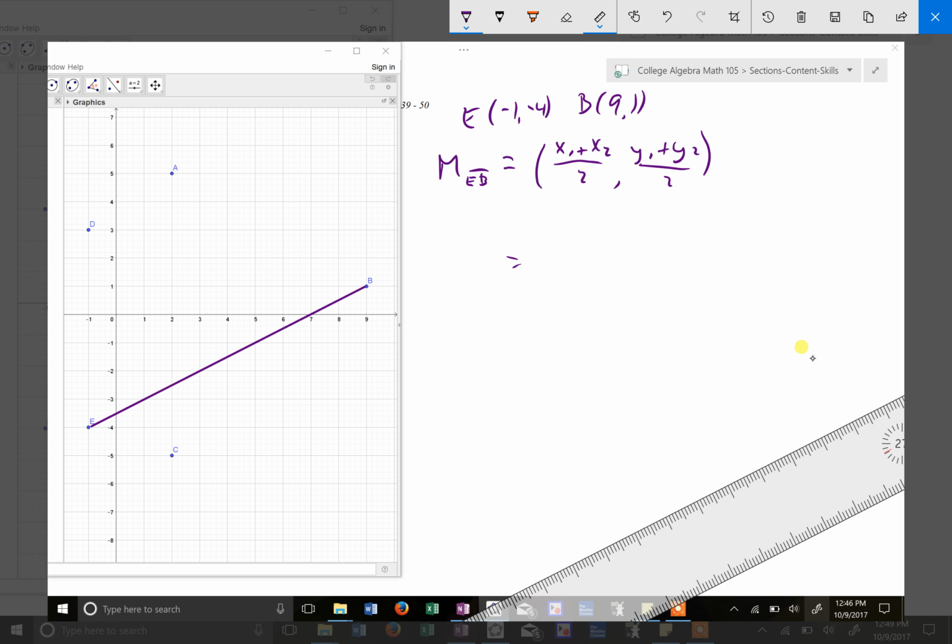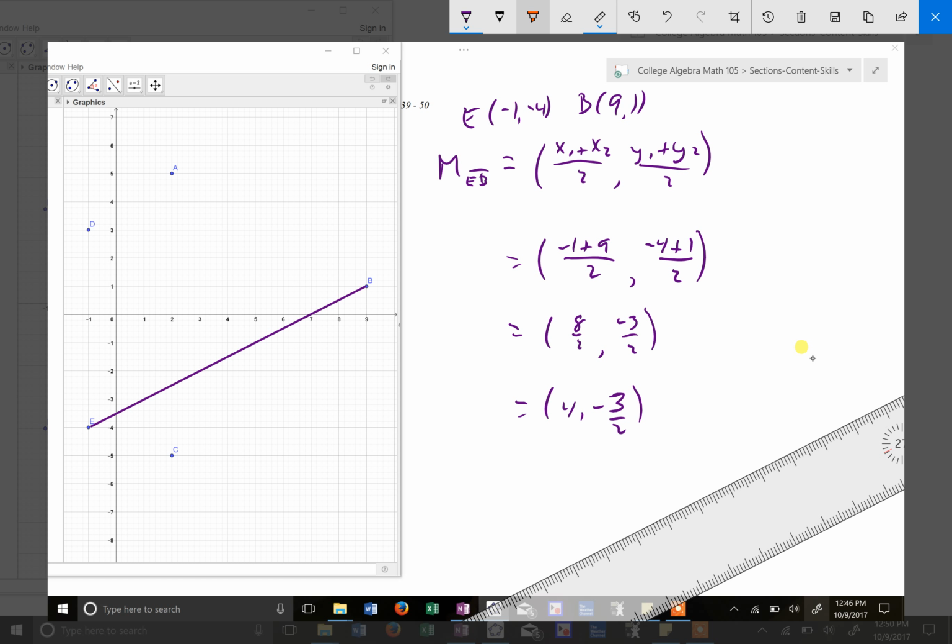So x1 is -1 plus x2, which is 9, over 2, comma, y1, which is -4, plus y2, which is 1, divided by 2. I get 8 divided by 2, and -3 divided by 2. I get 4 and -3/2, which is -1.5.